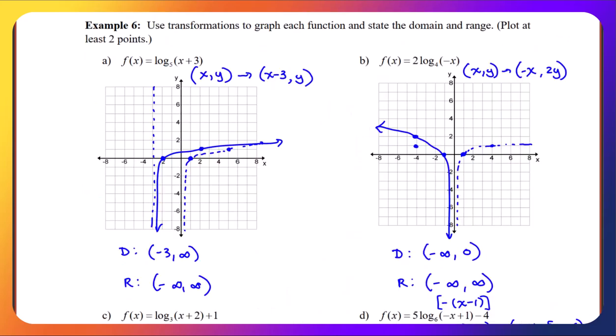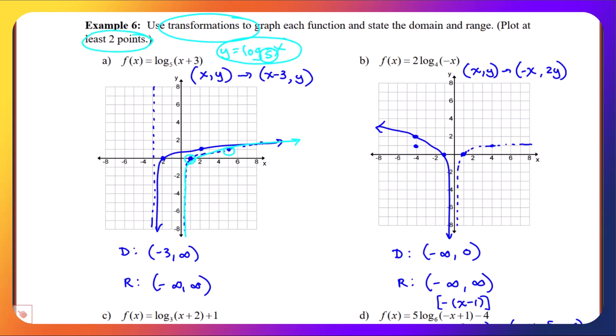Again, when we graph by transformations, we need to have a basic graph. So here the basic graph is y equals log base 5 of x. And so there's that (1, 0) that we always have. And if the base is 5, we have the (5, 1). So this dotted graph is our parent function. And that'll take care of our 2 points.